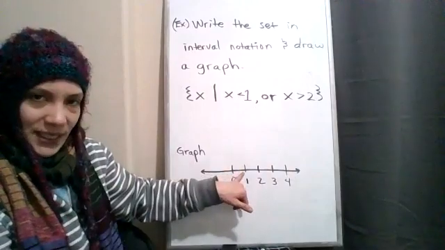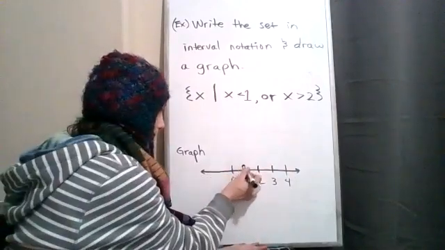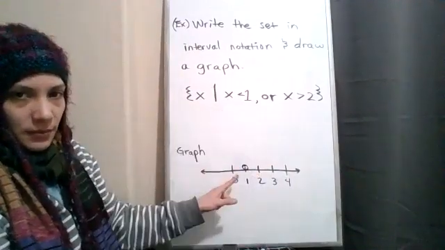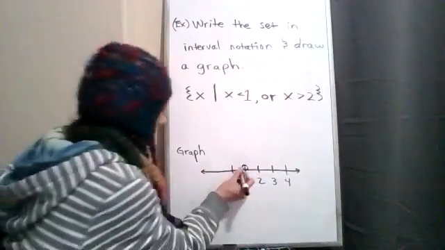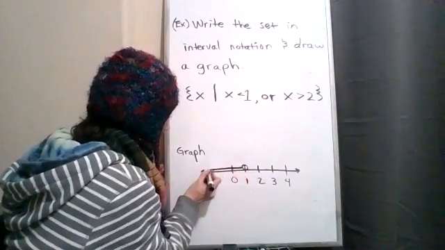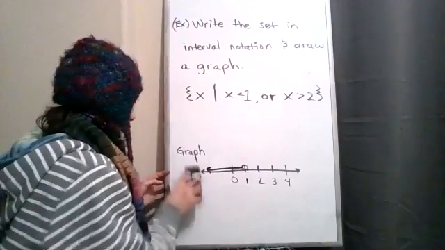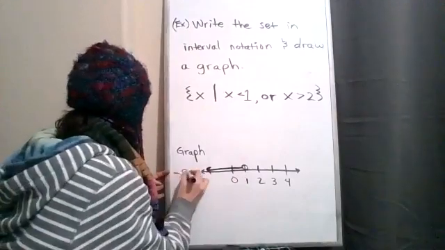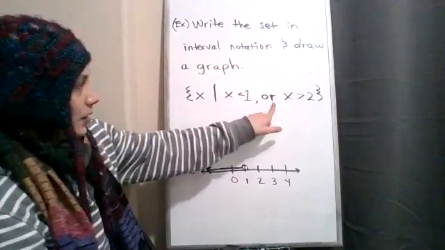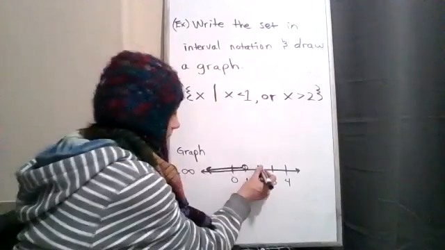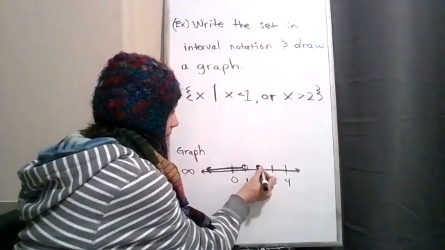Open circle on 1, and find values of x less than 1. Go to negative infinity for that part. This side, x is strictly greater than 2, so open circle on 2, go past 2.